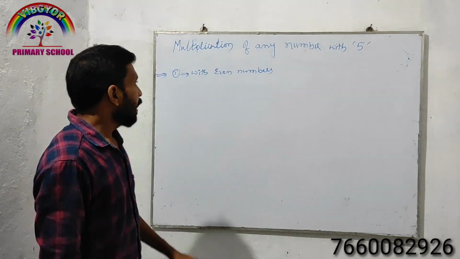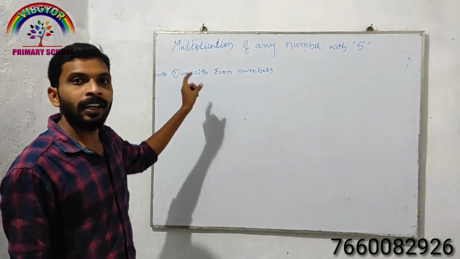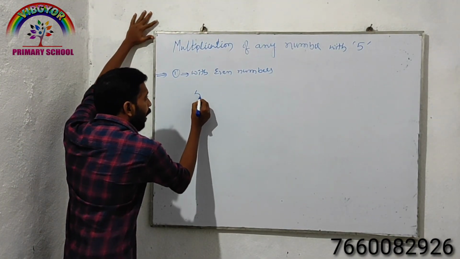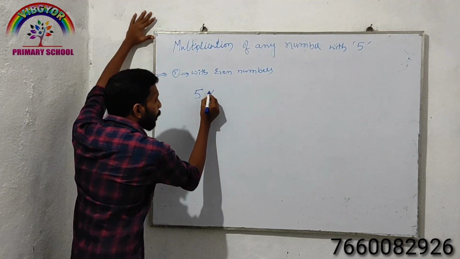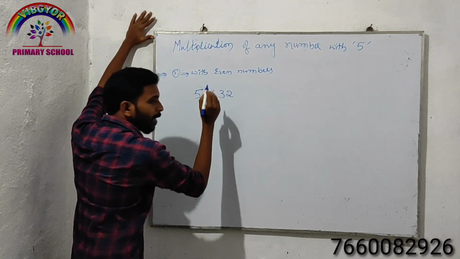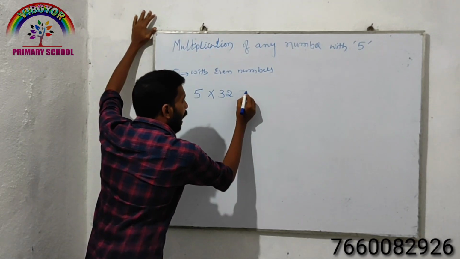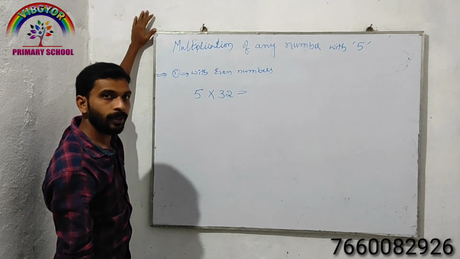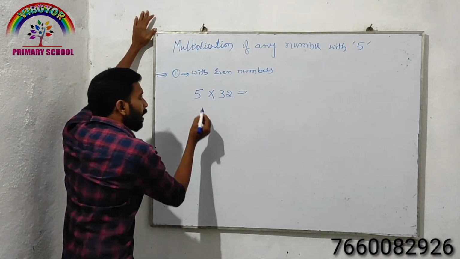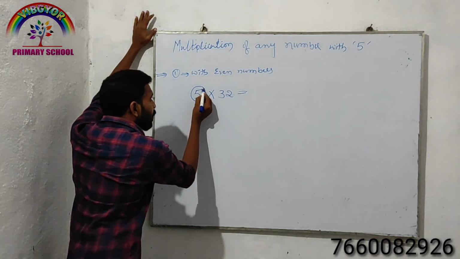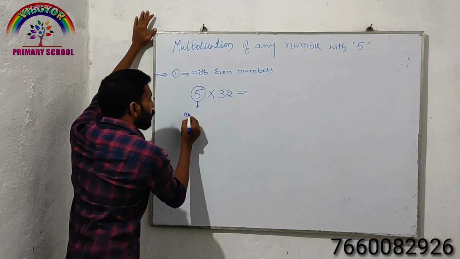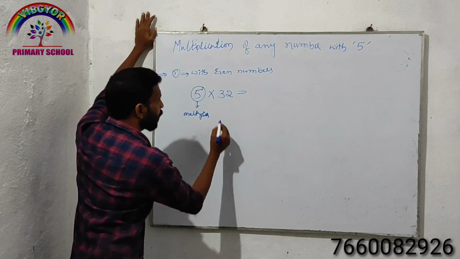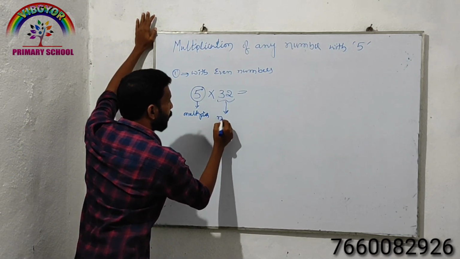So let's recall the last method with one example. Whenever 5 is multiplied with any even number, we can tell the answer without using pen and paper. What is that method? Here I explained that this one is called the multiplier, and the next one is the multiplicand.